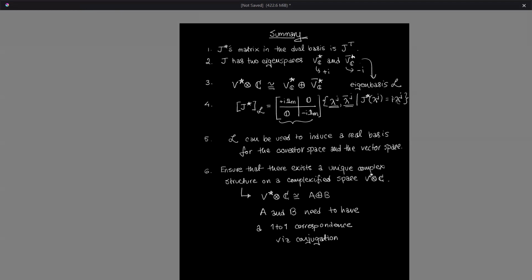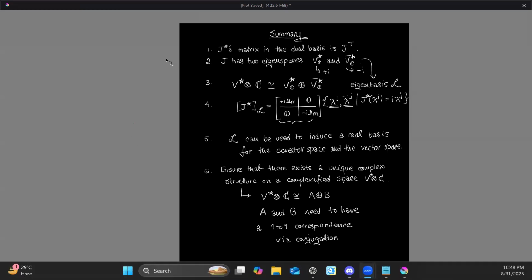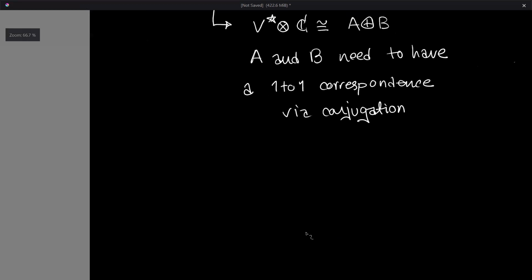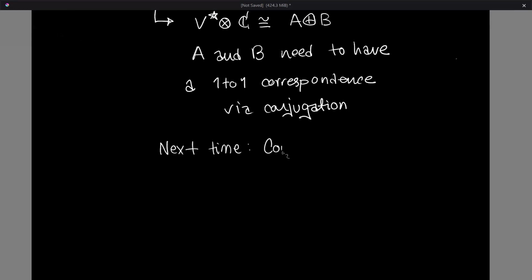All right, if there aren't any questions, then let's give a brief sneak peek on what we're gonna do next, and then we will call it for today. Next time, we will be doing complex vector bundles, or vector bundles, and then we're going to make them complex.